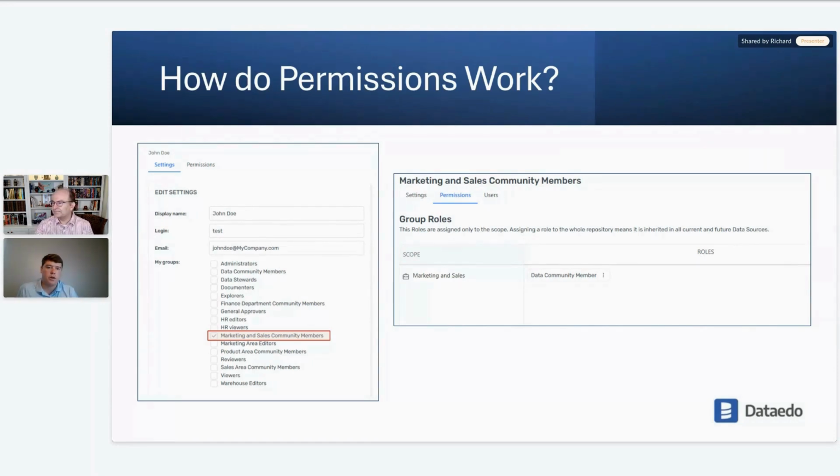Another question, Clinton, as well. So in Dataedo, on the general aspect of features used to describe line of business and tunnel users through to the right assets. Yeah, basically the domains are going to allow people to recognize who they are and where they need to go. If you have this permissioning set up, it will guide them directly to that location.